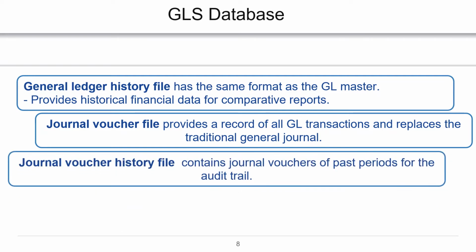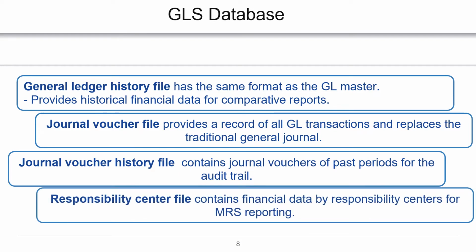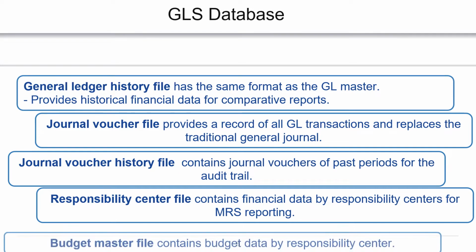The Journal Voucher History file contains the journal vouchers of past periods for the audit trail.